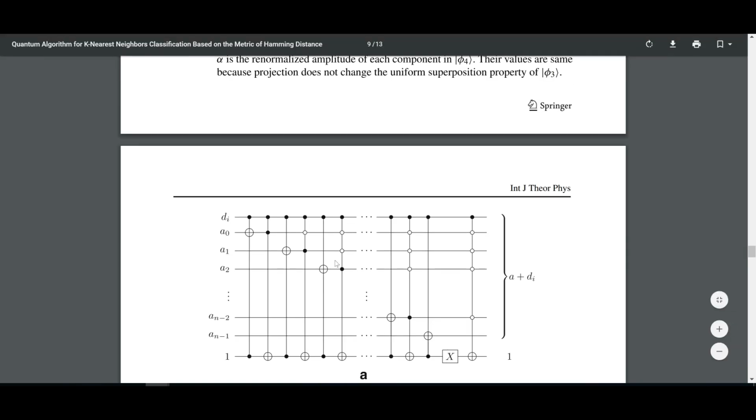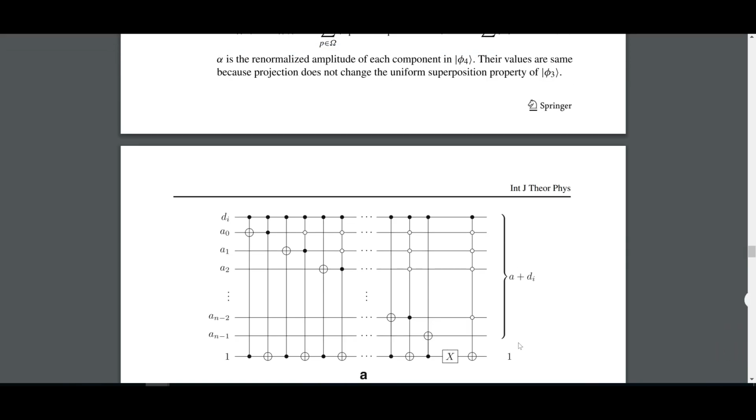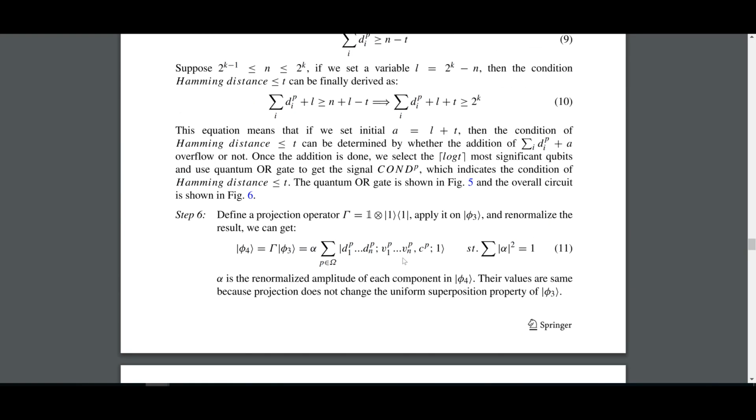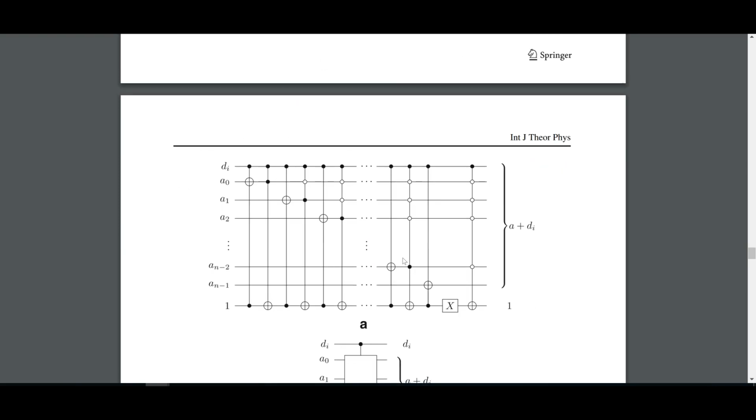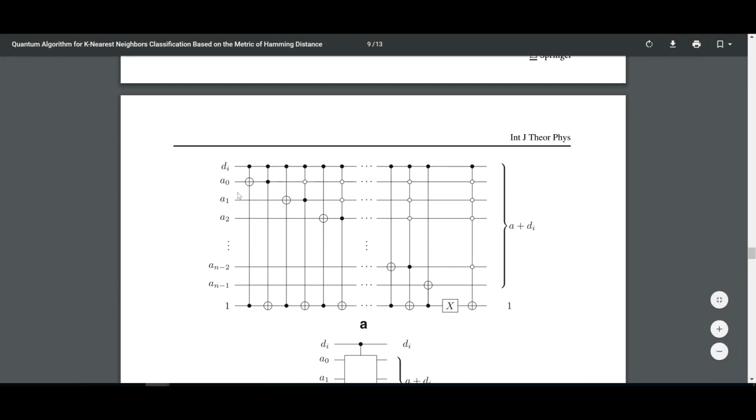Yeah, that's just the addition circuit. Just how you would implement an addition of A plus D.